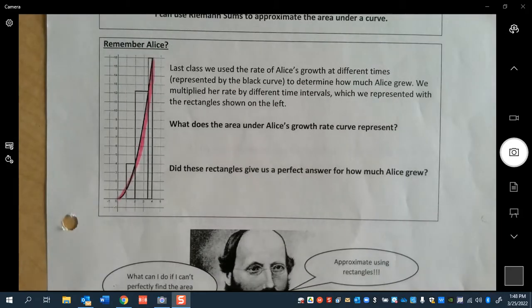We use the rate of Alice's growth at different times represented by the black curve. I highlighted it in pink to determine how much Alice grew. We multiplied her rate by the different time intervals, which we represented with the rectangles shown.